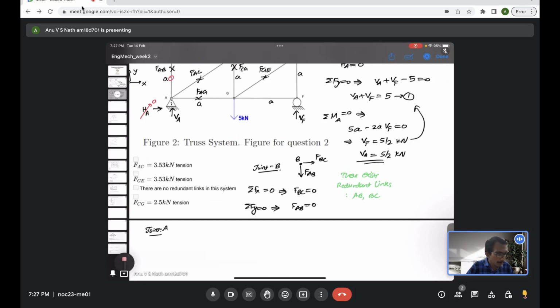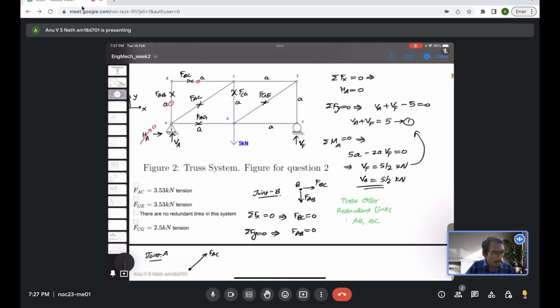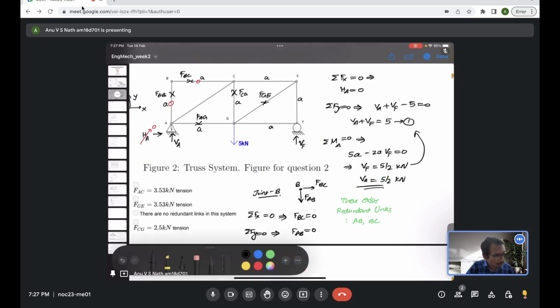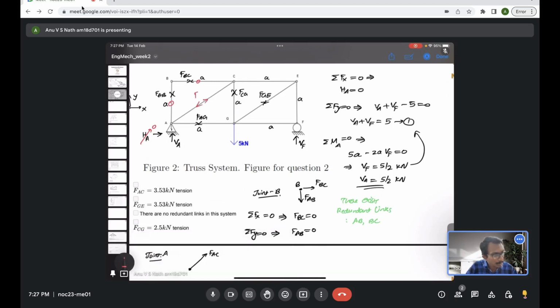Okay, let me draw it again. So FAC is acting this way. See, the direction doesn't matter. Right now I have drawn in such a way that in all the members I have considered tension to be acting. I could have taken, for example, in the member AC, something like this, FAC, a representation of compressive force.